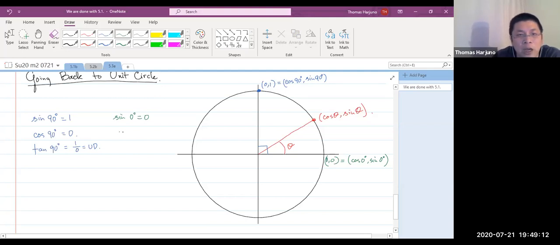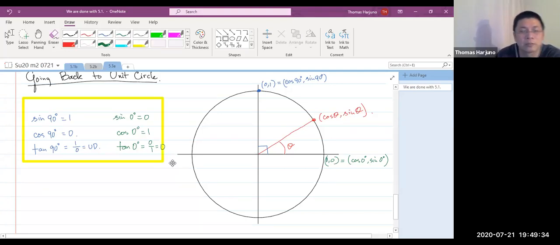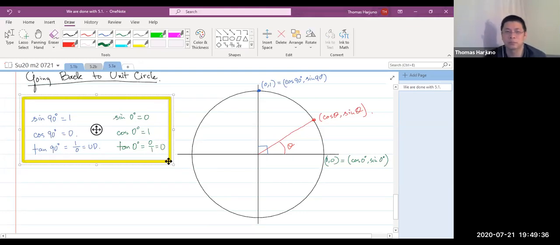Cosine 0 degrees is 1, and tangent 0 degrees is y over x, 0 over 1, that's 0. You see? You can memorize that, and in fact, you should memorize that.